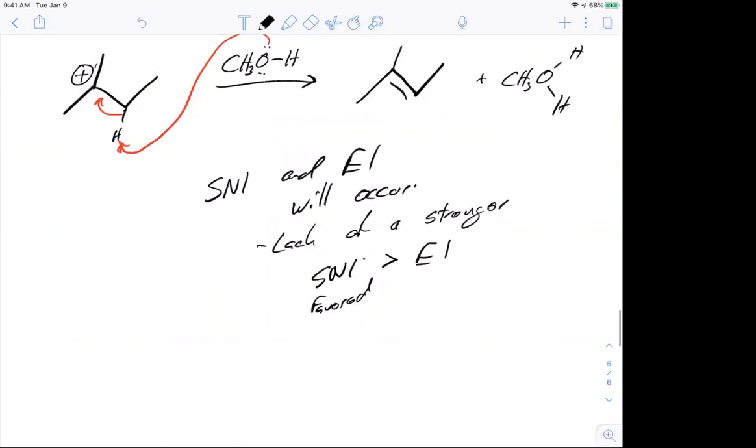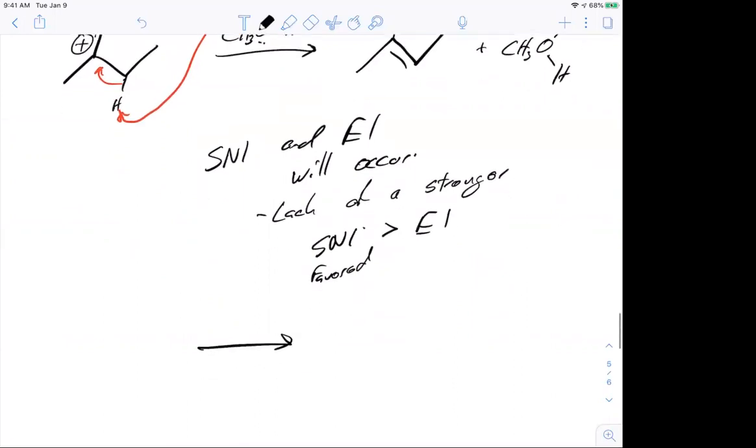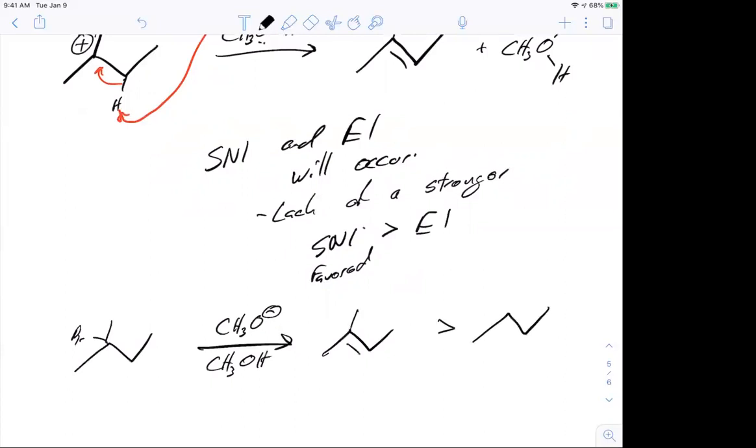If I had changed the conditions to being, let's say, methoxide in methanol, then the elimination product would be in higher concentration than the substitution.